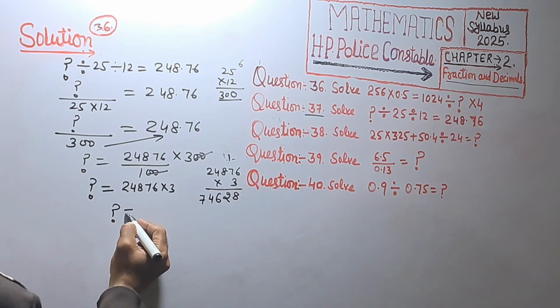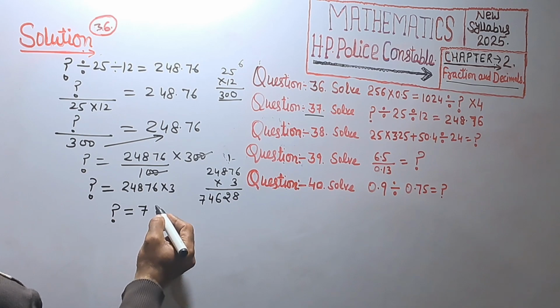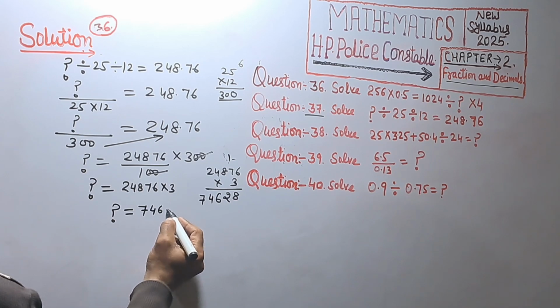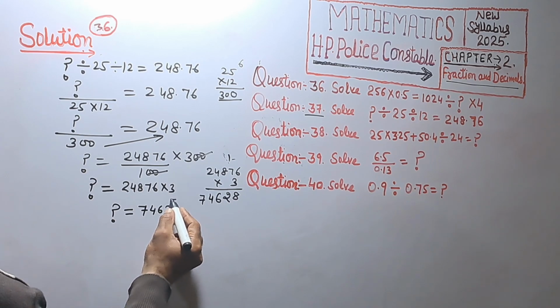So sign of interrogation is equal to 74628.